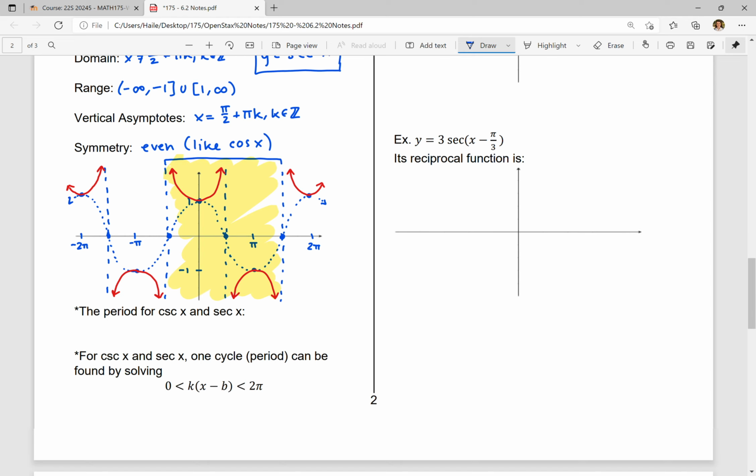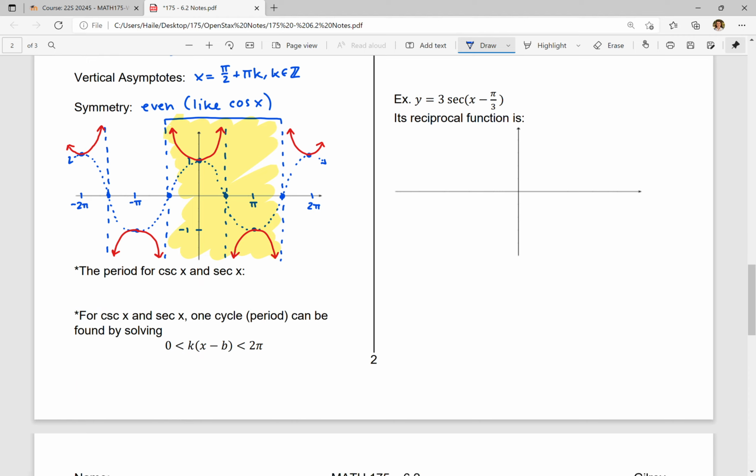So we just want to make a little note. Again, the period for cosecant and secant is the distance between alternate vertical asymptotes.